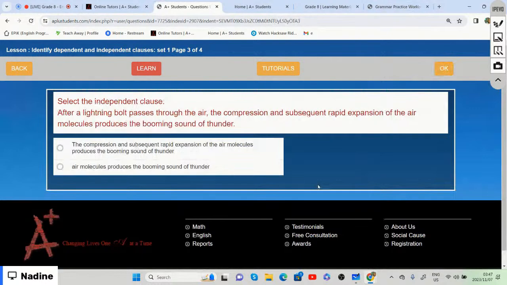So after a lightning bolt passes through the air, we need to select the independent clause. The compression and subsequent rapid expansion of the air molecules produces the booming sound of thunder. So do we say air molecules produce the booming sound of thunder? Or the compression and subsequent rapid expansion of the air molecules produces the booming sound of thunder?